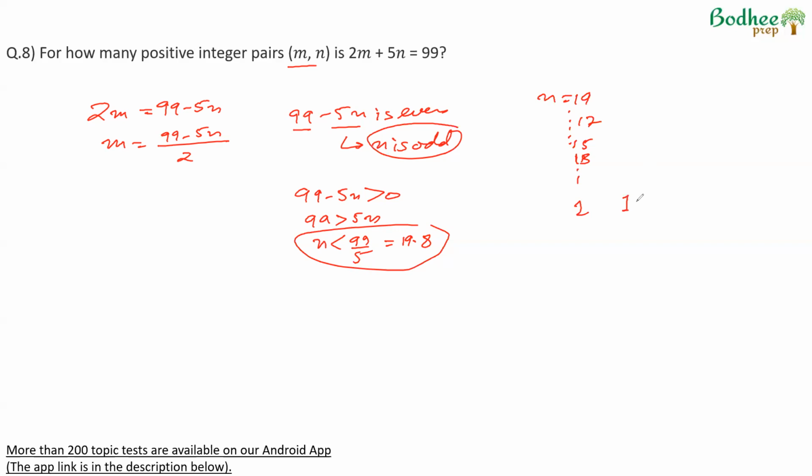Basically, 1 plus 2 into 0, up to the final one being 1 plus 2 into 9. So from 0 to 9, there are 10 solutions for n, and therefore correspondingly we'll have values for m as well. So you'll get 10 pairs of solutions.